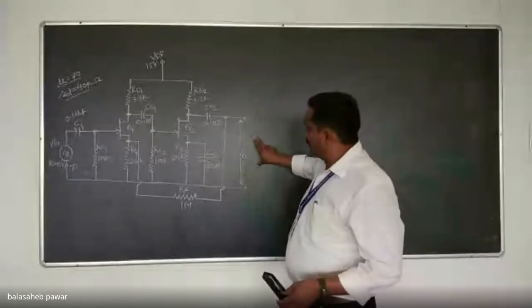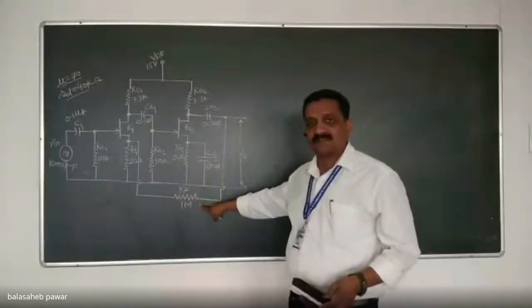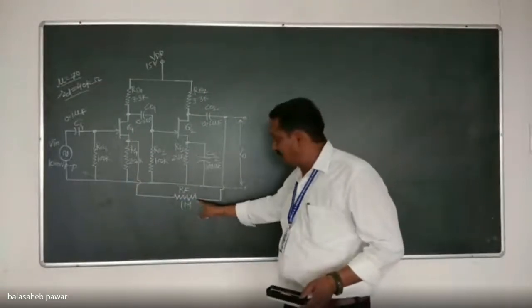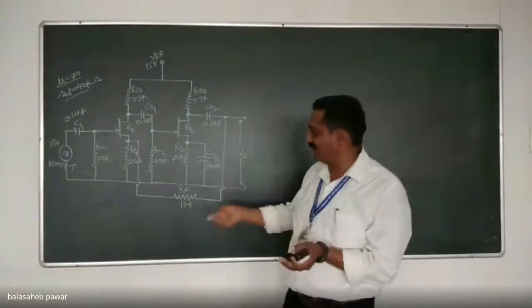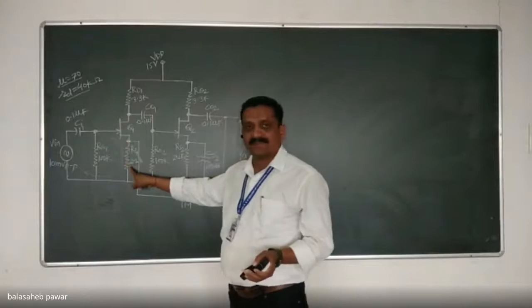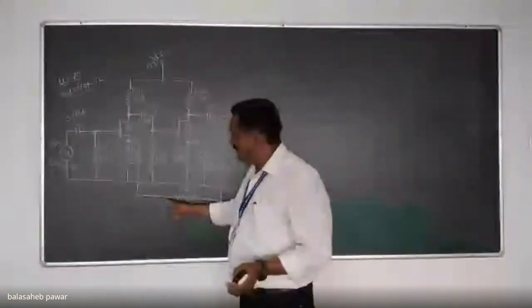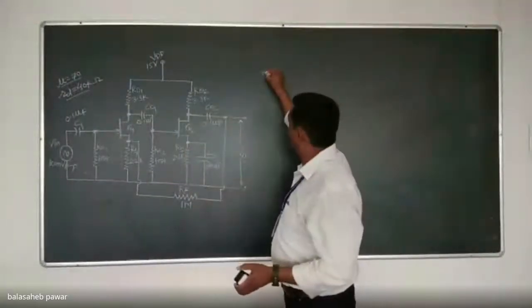Whenever there is some output voltage, the same output voltage is applied to the feedback resistor also, right? So what will be the output of the feedback resistor? This resistor will attenuate it, and that attenuated signal is connected in series with this RS1. The output of this RF is nothing but our feedback signal, that is XF.